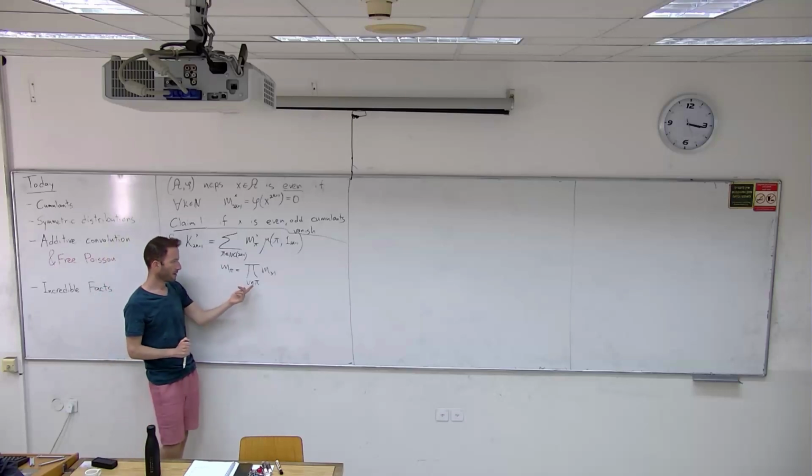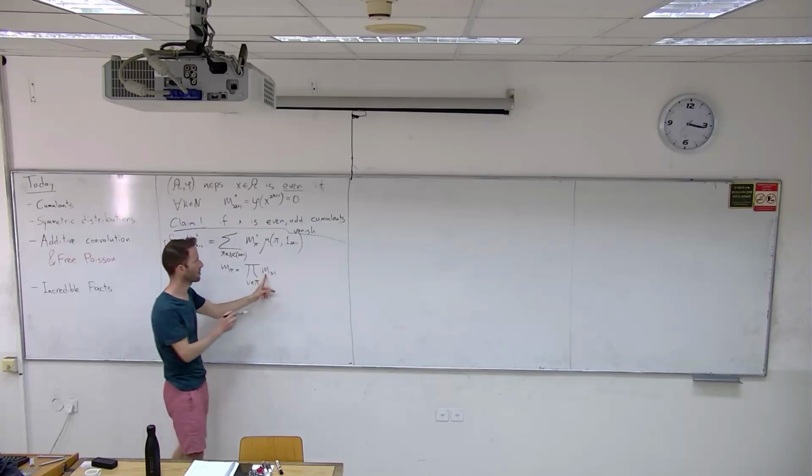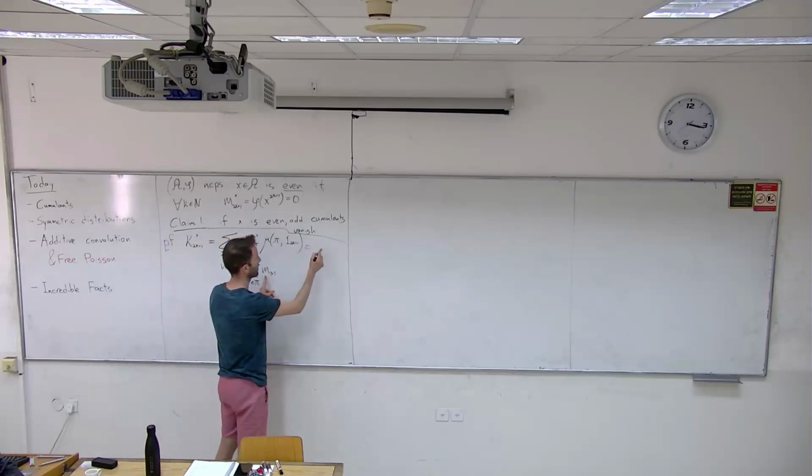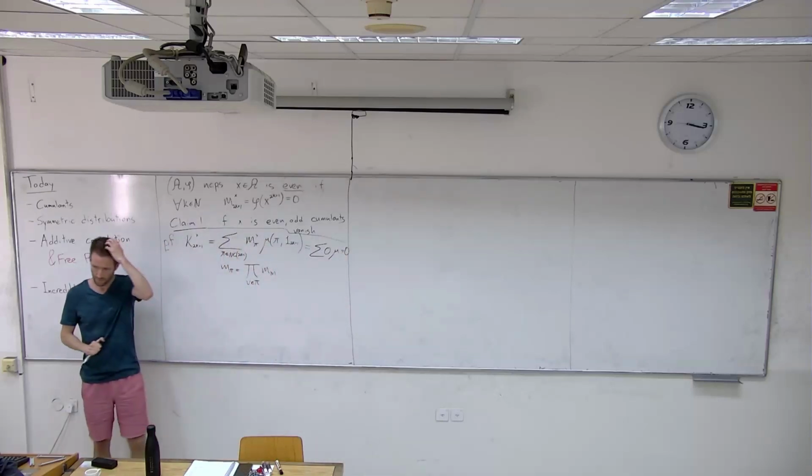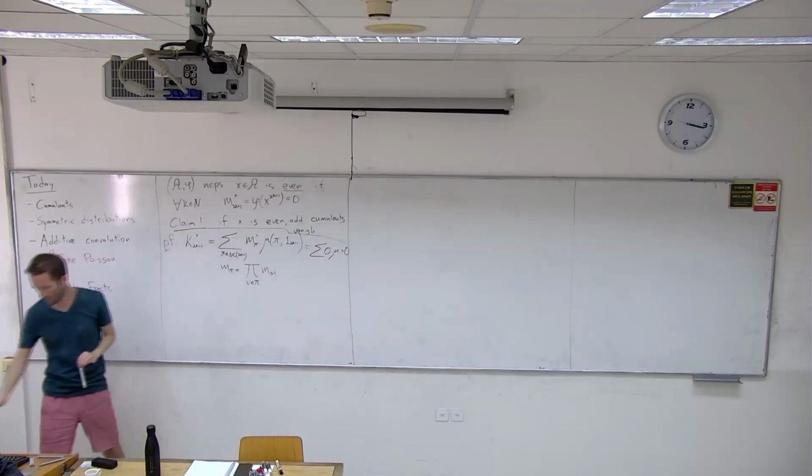And if this is a partition of an odd number of elements, at least one of the parts will be odd, and the moment will vanish. Okay, so for this reason, this is a sum of zeros times the Mobius function, and this is okay. So this is just a warm up.